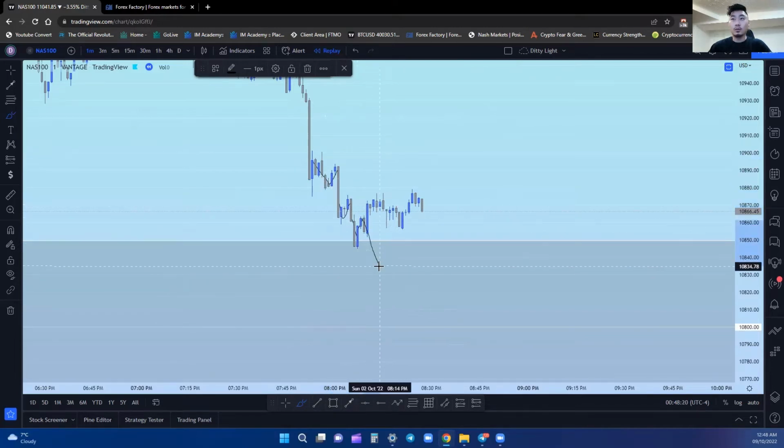A lower low, right? If it was still bearish, correct? But the market was able to push up.